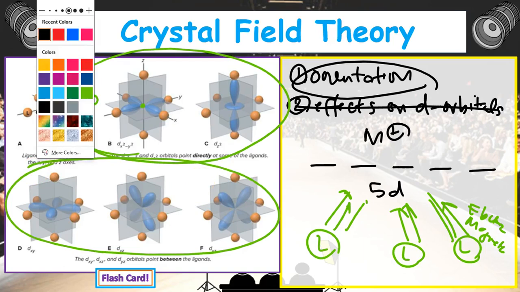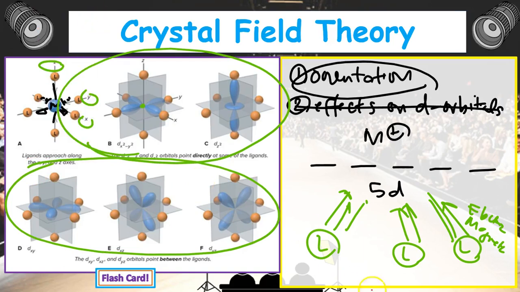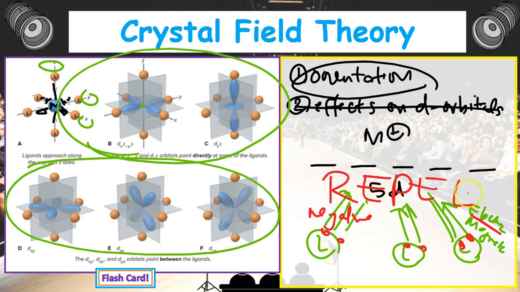Now, why would this happen? Well, it's all about repulsion, folks. So we have our ligands. They have their own electric field. Of course, they also have the electrons that they're donating as the Lewis base. So they're coming with a lot of negative energy here. We also have the metal cations that have their own electrons within these different orbitals as well. And so what we have is a lot of repulsion. So these things are going to repel, okay? So let's think about it.